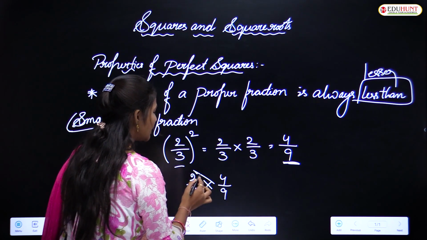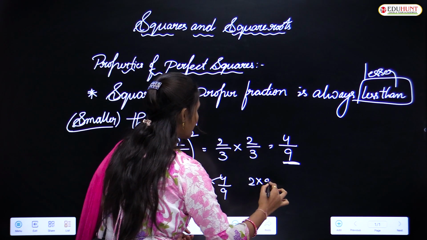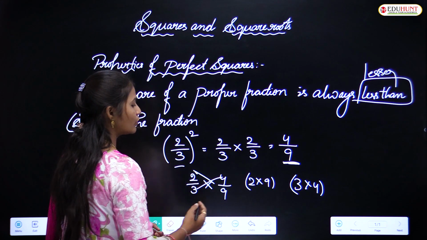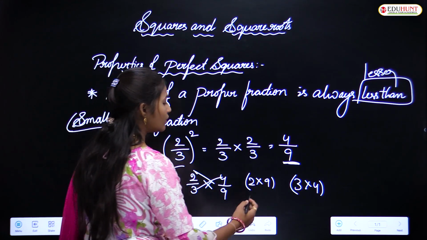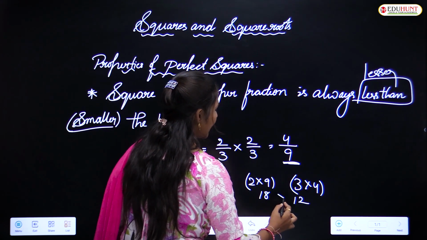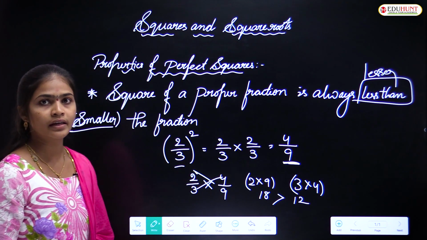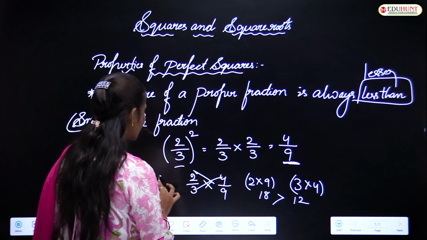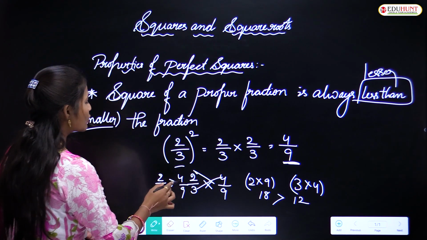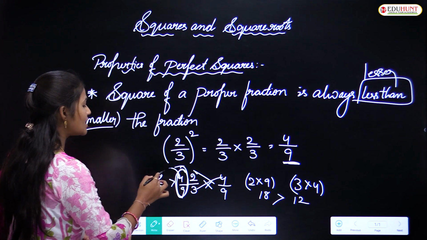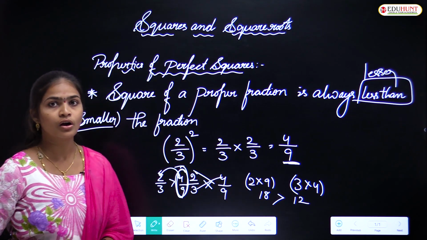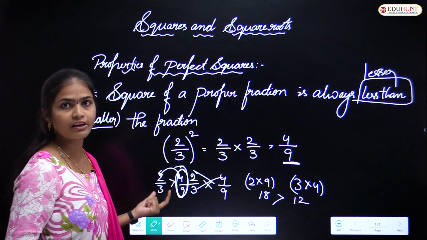Now take cross multiplication: 2 into 9 and 3 into 4. 2 into 9 is equal to 18 and 3 into 4 is equal to 12. 18 is greater than 12. That's why 2 by 3 is greater than 4 by 9. So that's what I said: the square of a proper fraction is always less than the given fraction, or is always smaller than the given fraction.